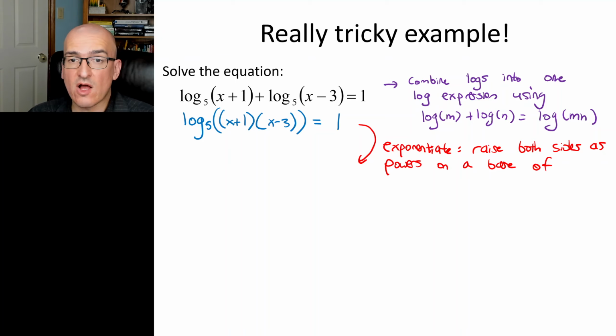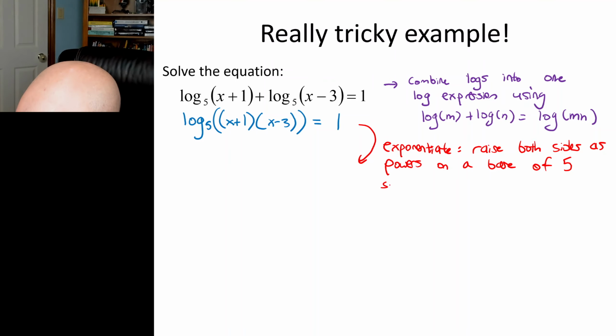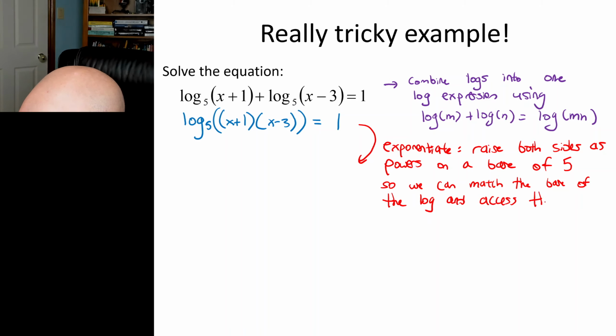If we're trying to get rid of a log, we exponentiate both sides using a base that matches the base of the log. So we're going to use a base of 5, so we can match the base of the log and access the cancellation law.